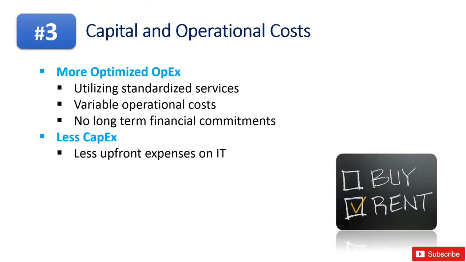But not just that, such operational expenses can be reduced and optimized. For example, by utilizing standardized services, a company can reduce overall risks, reduce planning and implementation overhead, ongoing system maintenance, costly customization, integration efforts, etc.